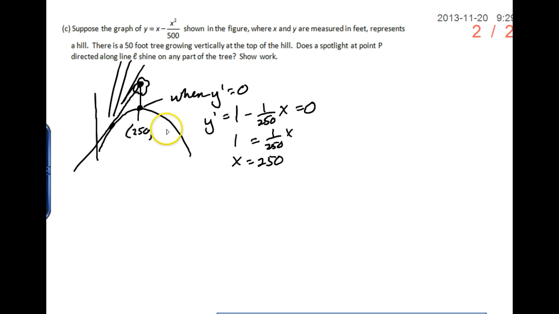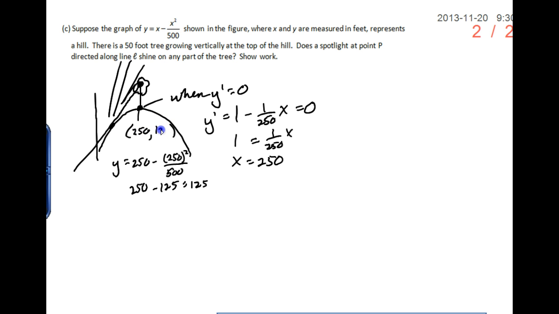What is the y? Well, I can plug into my original equation. y equals 250 minus 250 squared over 500. 250 squared equals 62,500, divided by 500 gives us 125, and so 250 minus 125 gives us 125.